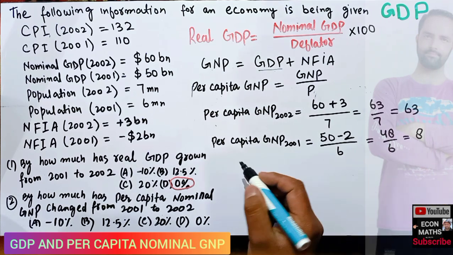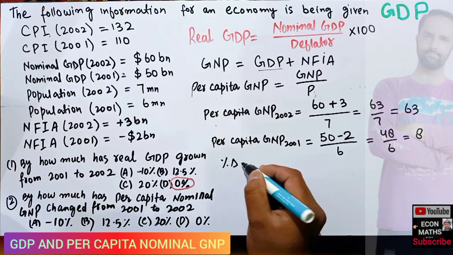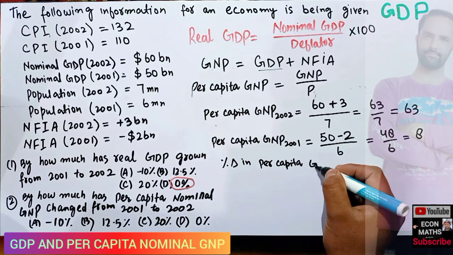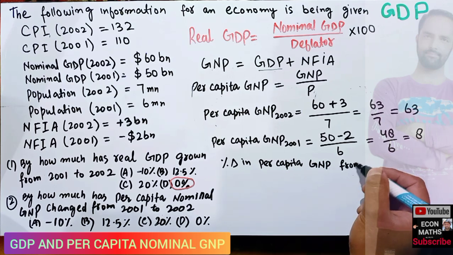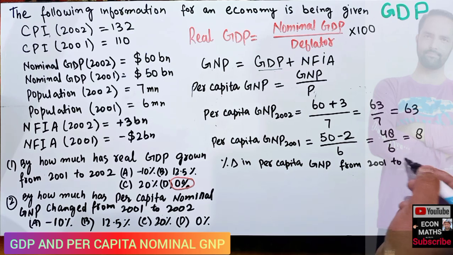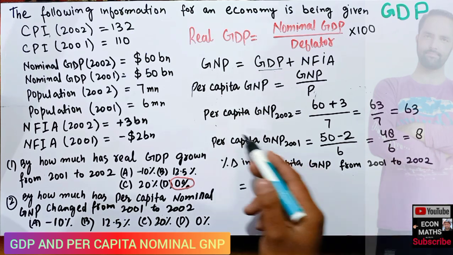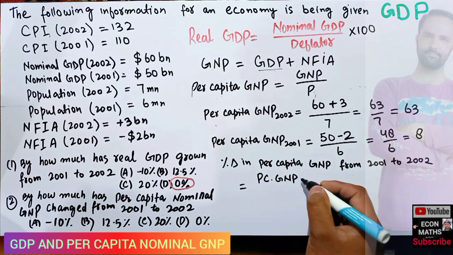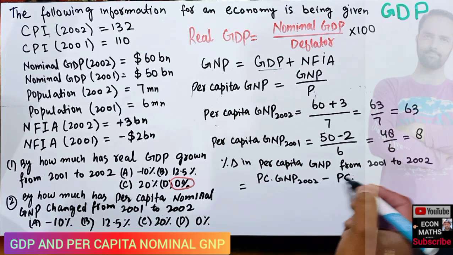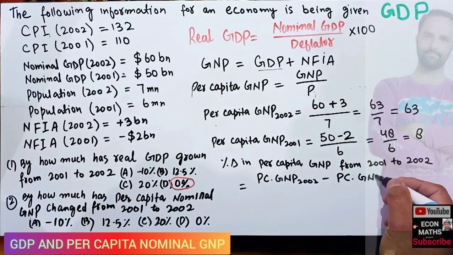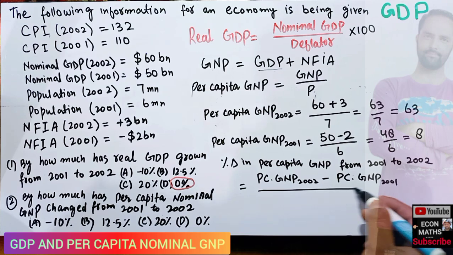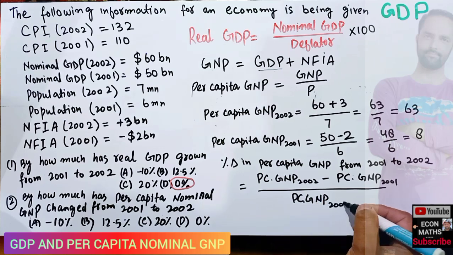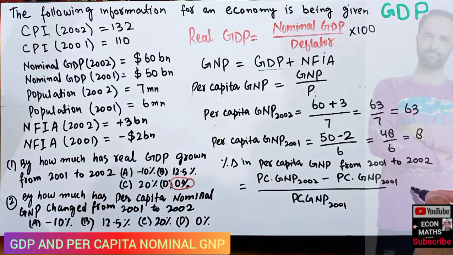Now what is percentage change? So percentage change in per capita GNP from 2001 to 2002 will be equal to per capita GNP in 2002 minus per capita GNP in 2001, upon per capita GNP in 2001, into 100.